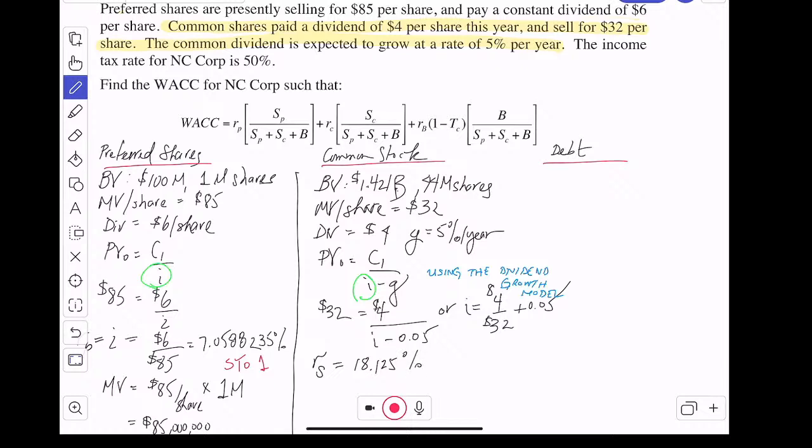So common stock has a much higher required rate of return than preferred because there's less of a commitment from the firm to pay common stockholders. Also, it's a lower rate, lower payout.